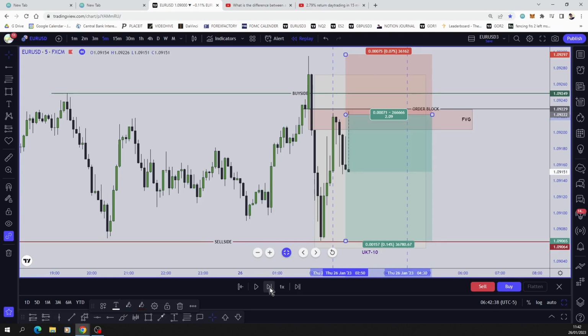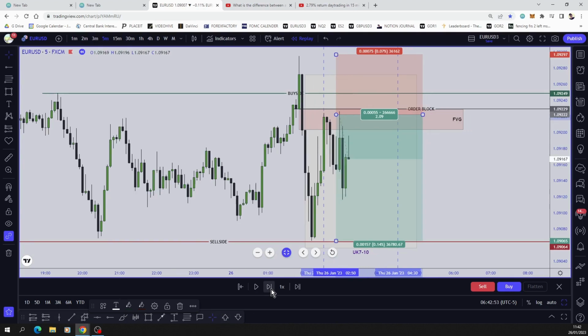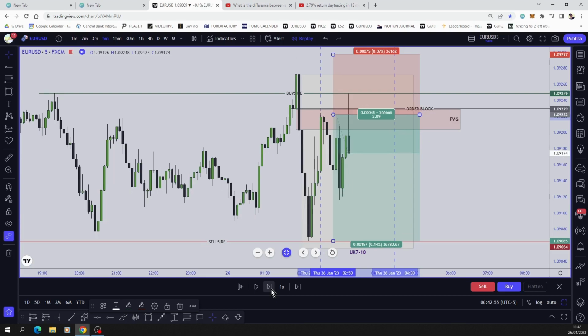Price moves down, okay, boom, it moves up and spikes into our level to go short. So now we're in a short trade, our stop is above the high. What happens next? Price moves down. Now we spike back up into that zone. We hit the order block, but our stop loss is protected because we keep it above the high.